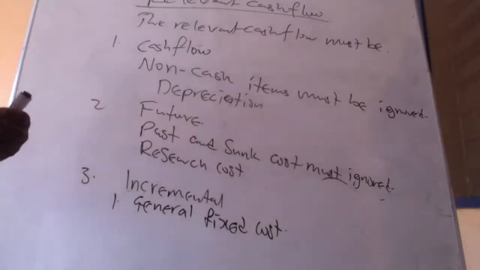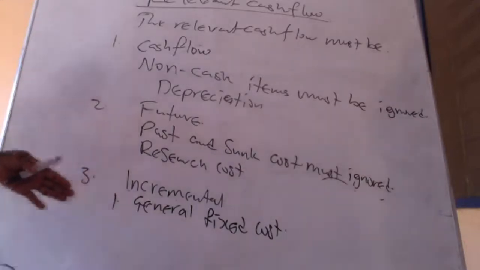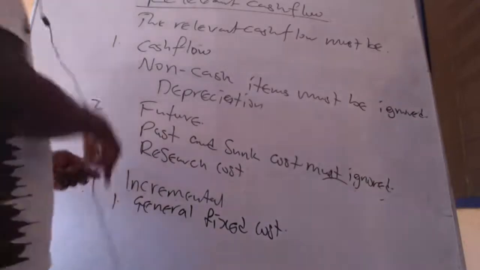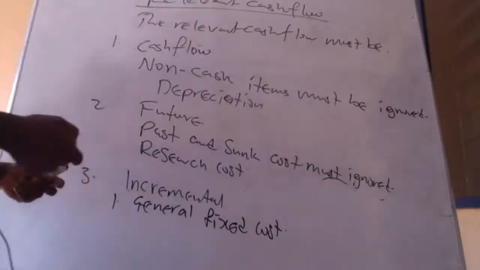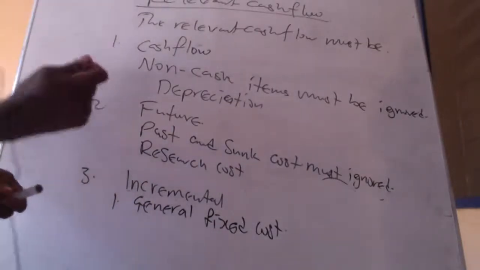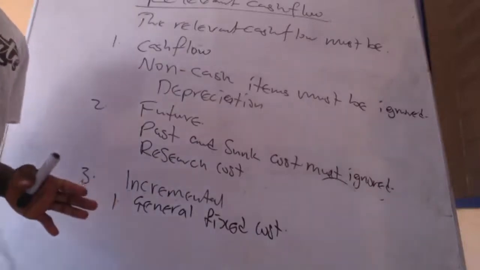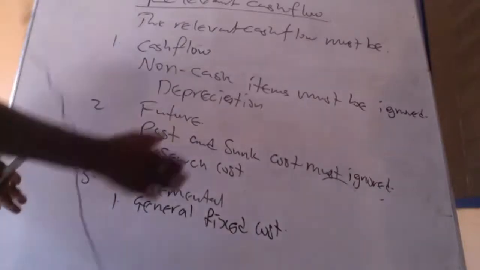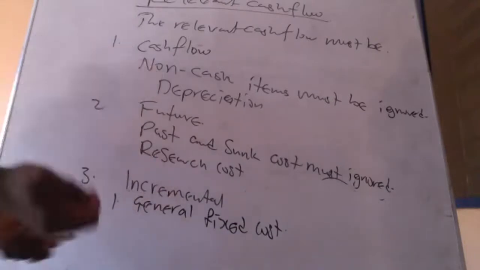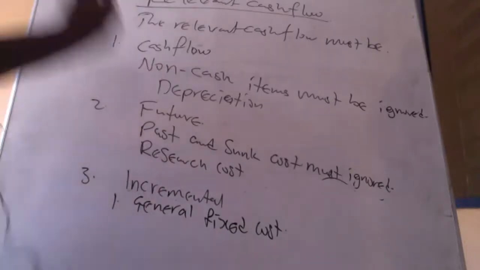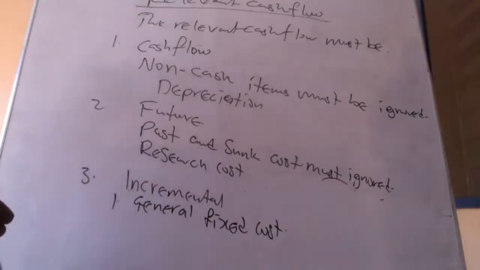Now, incremental means that cost or that cash flow will arise if you go in for the project. If you go in for the project, that cash flow will arise. It means that cash flow is what? Incremental.